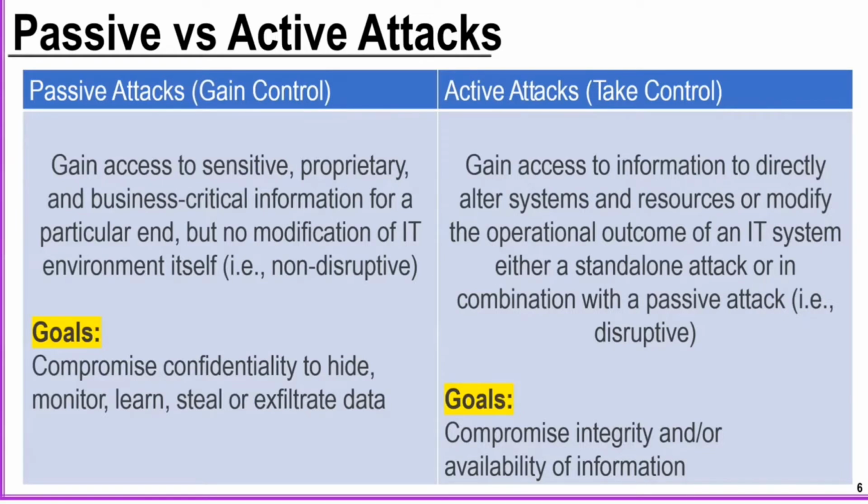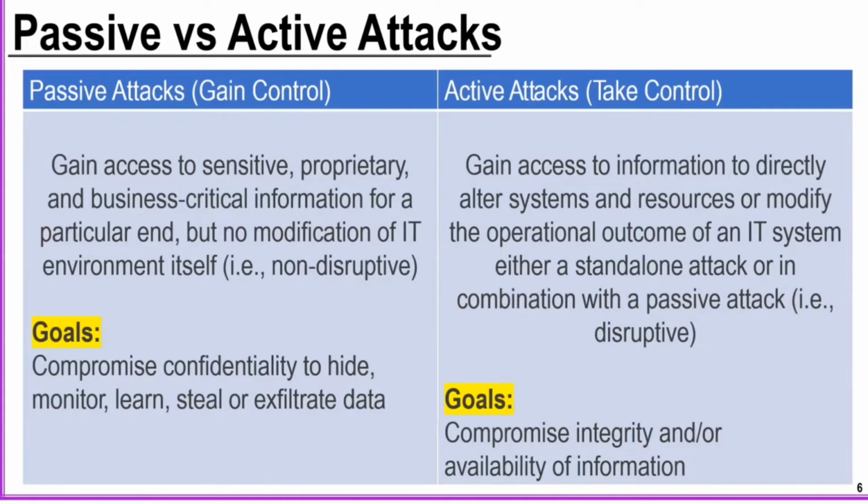On the other hand, the active cyber attacks will be disruptive. The active cyber attacks allow attackers to gain access to information to directly alter systems and resources or modify the operational outcome of the targeted organization's IT system. This is very important.